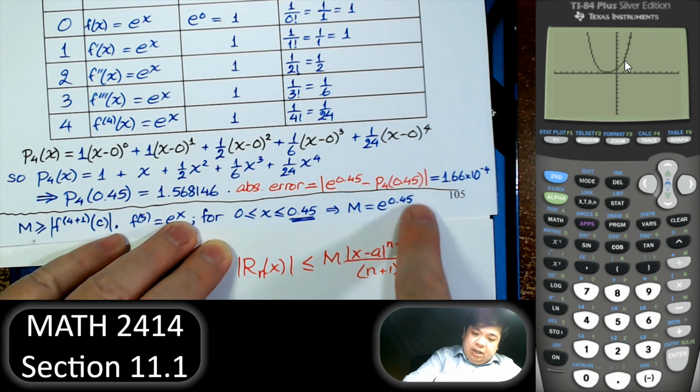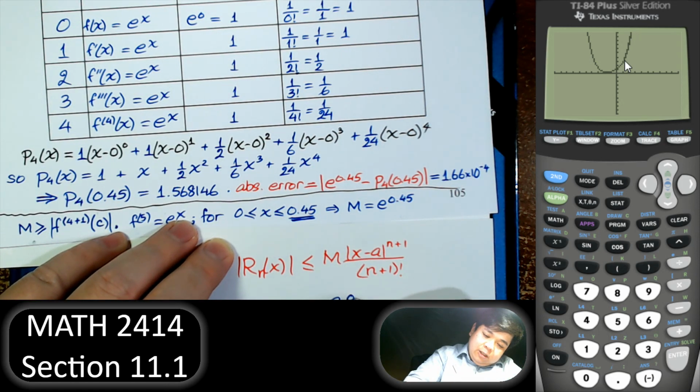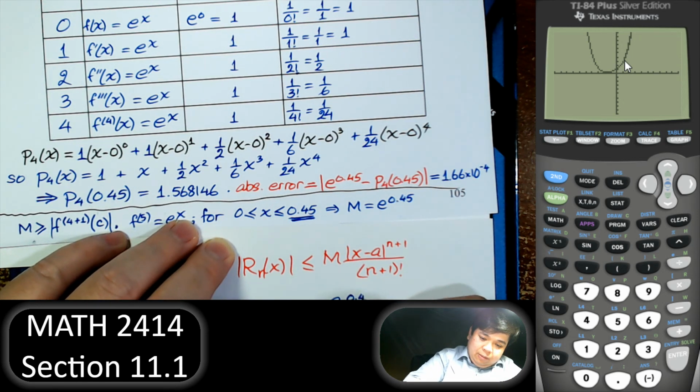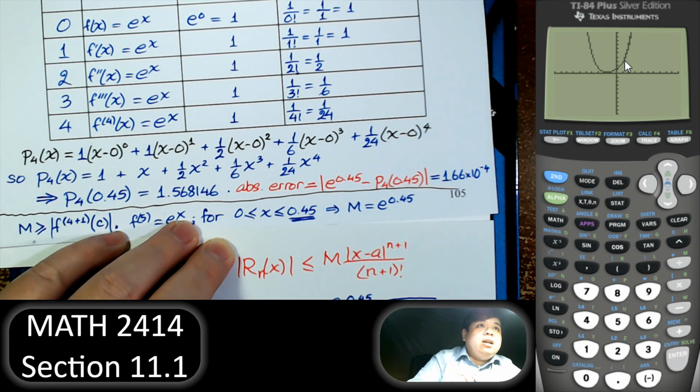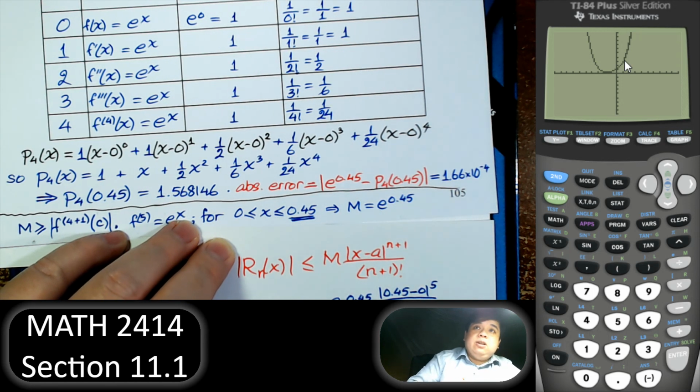So we have M is e to the 0.45, times x minus a, where x is 0.45 and a is 0, to the 5th power over 5 factorial.